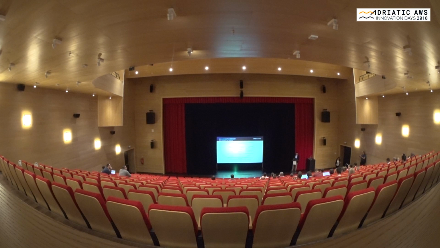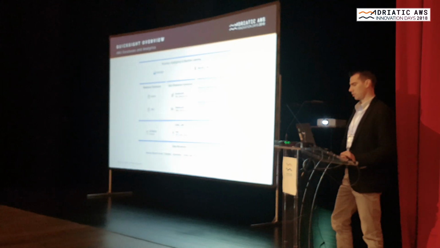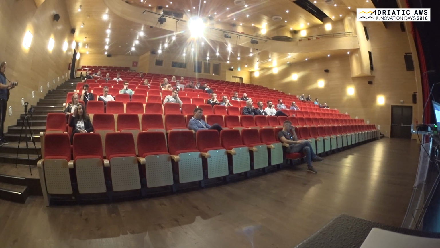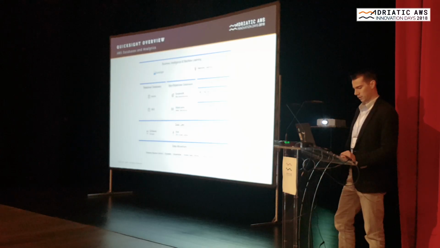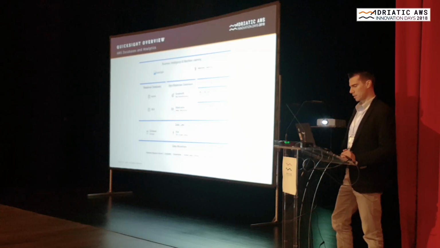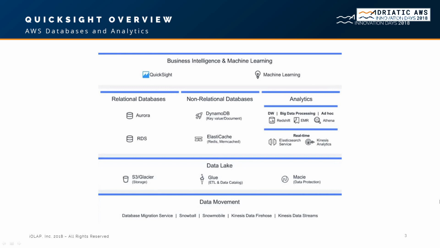Okay, to understand what QuickSight is and isn't, let's take a look at some AWS services that QuickSight interacts with. AWS provides a wide portfolio of cloud services to help customers store data, analyze data, and get insights from it.